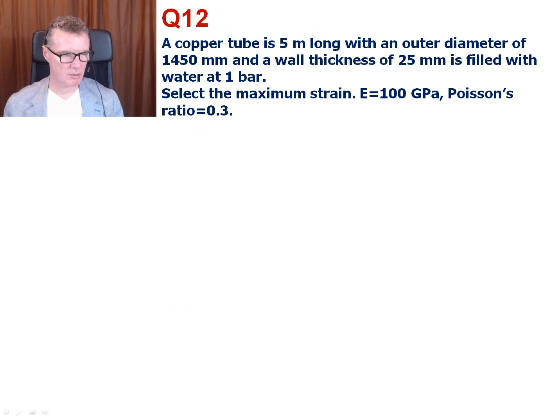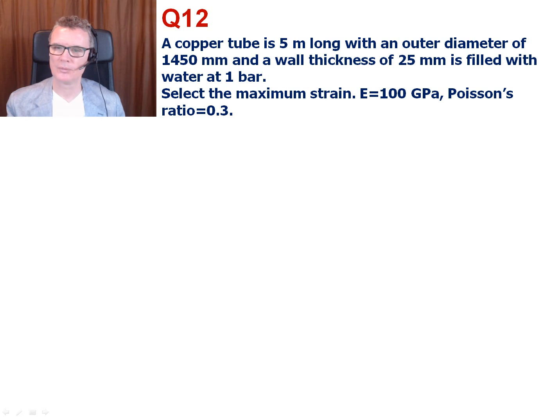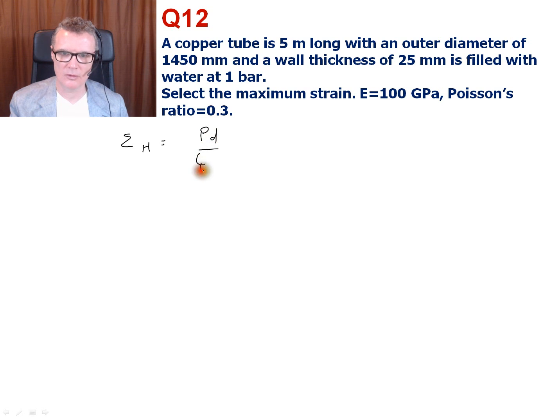So just going back to my formula booklet, I'm looking for a strain, I'm looking for hoop, so it's this formula here that I want to use. That's the one to use. So the strain in the hoop direction is PD over 4TE, times 2 take away the Poisson's ratio.